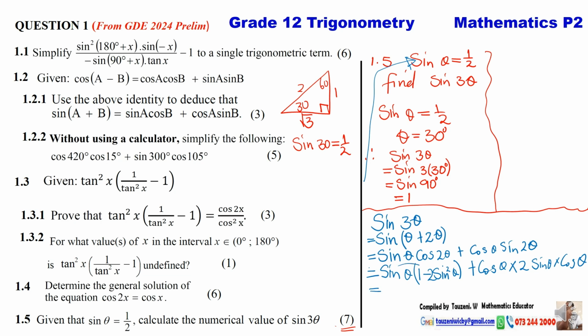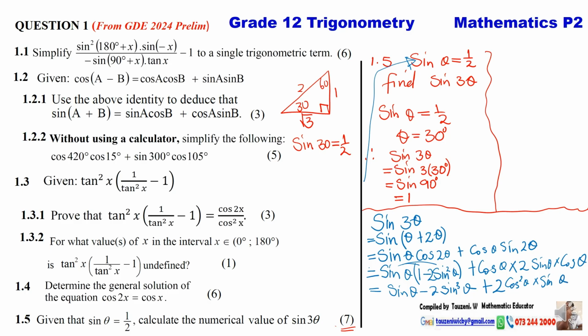Then moving forward, removing these brackets is going to give us the sine of theta multiplied by 1 minus 2 times the sine cubed of theta. Then the next one, if you multiply cos theta times cos theta, that will give us cos squared theta. So we have 2 times cos squared theta, then multiplied by the sine of theta.